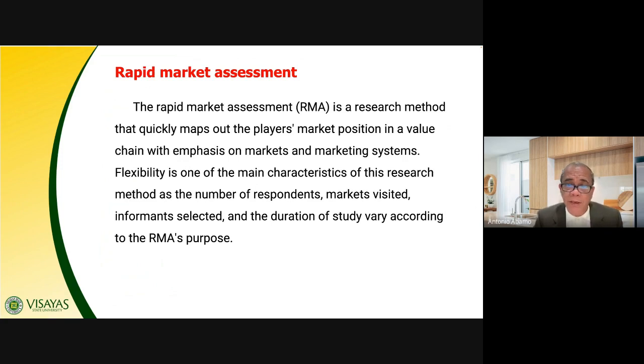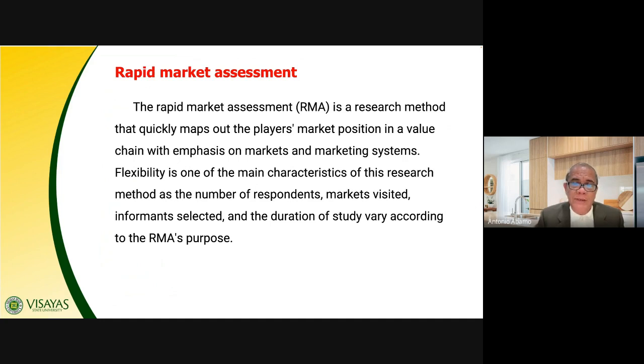Now, flexibility is one of the characteristics of this research: the number of respondents, the markets visited, the informants selected, and the duration of the study according to the purpose of the RMA. In other words, these are the things you need to take into consideration in terms of validity, credibility, and even defensibility of your analysis.